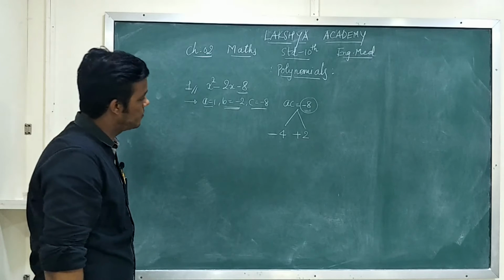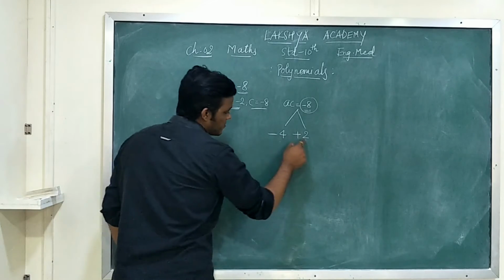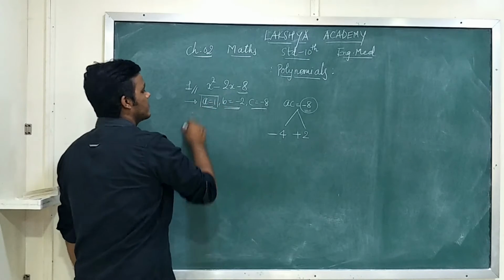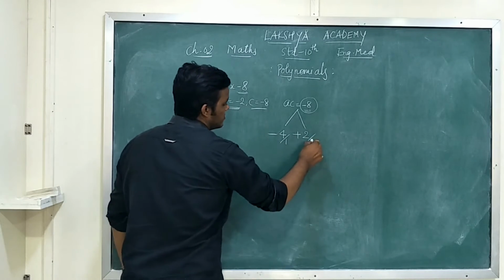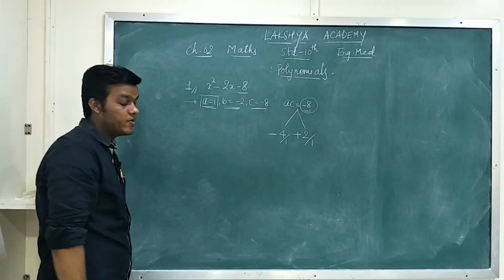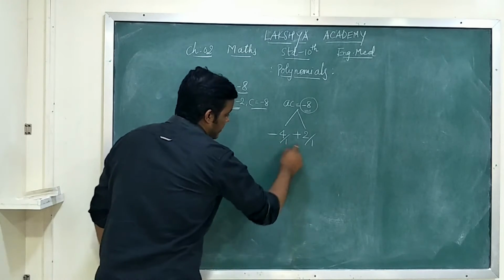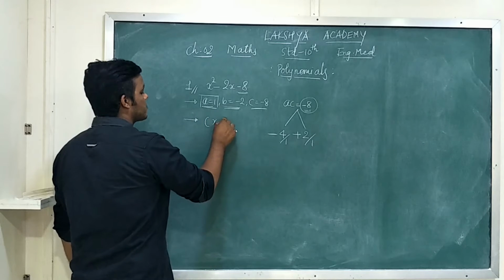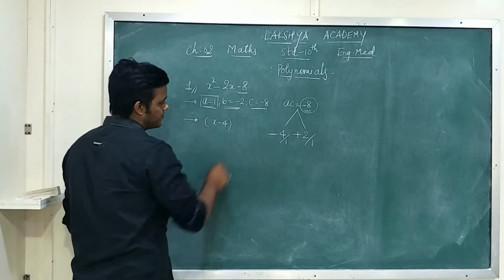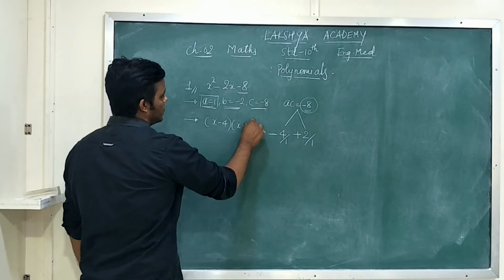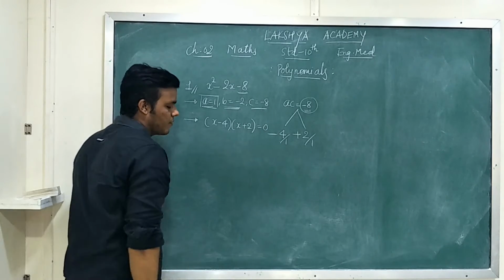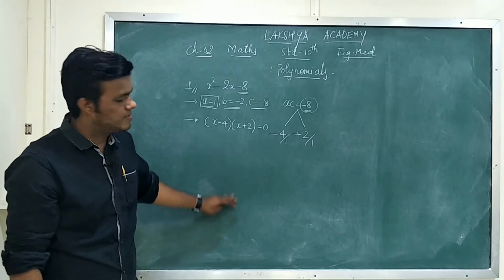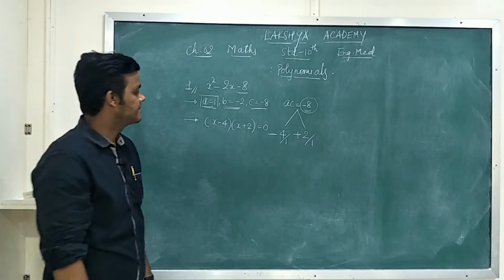Now what should one do? One should divide these parts directly by a, which is minus 4 by 1, 2 by 1, and you will get the factors directly. You can write it in this way: x minus 4 into x plus 2 equals 0. We are taking p of x equals 0 to find the zeros, right?